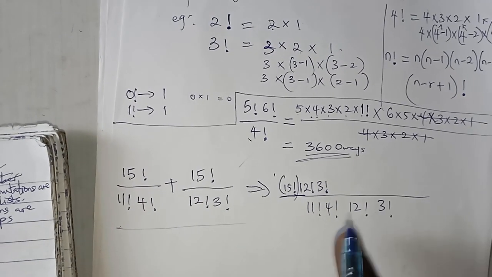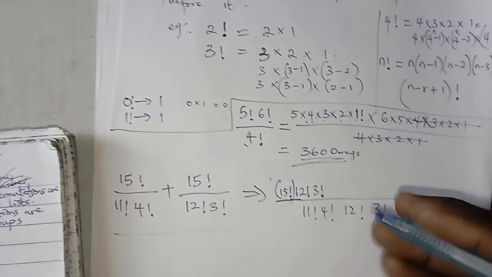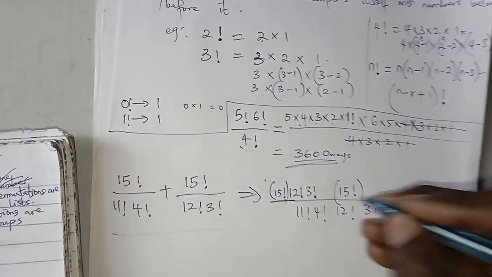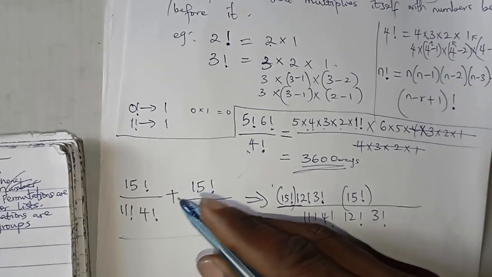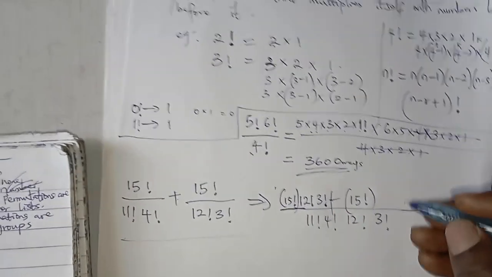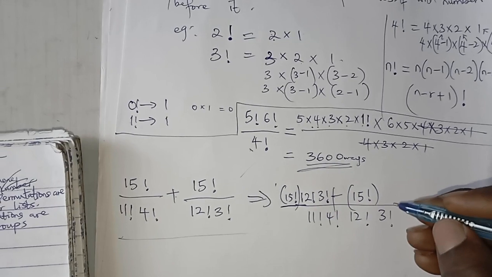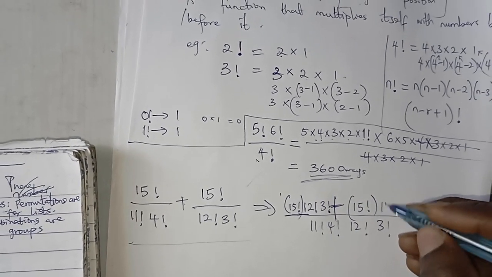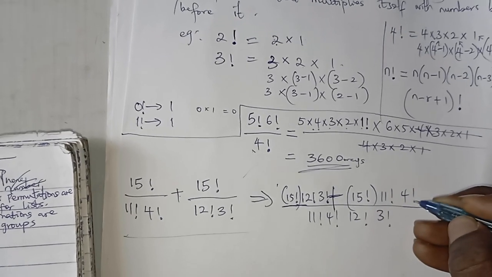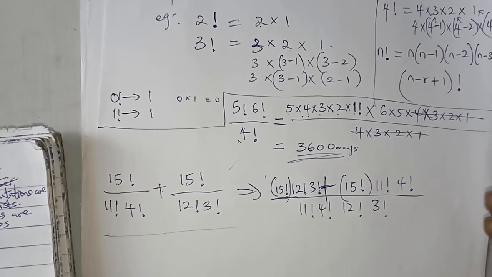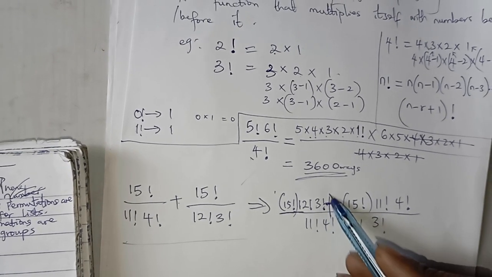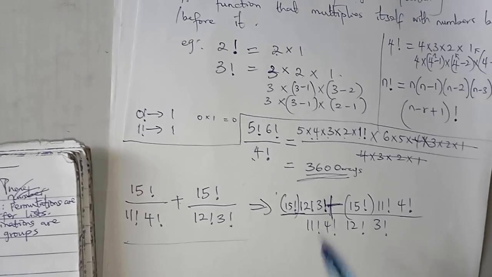Now, if I carry the same thing and come here, it will become 15 factorial getting multiplied, and see that there's a plus sign, plus 11 factorial 4 factorial. So that by the time you do this, you can just use that trick I taught you earlier in class.